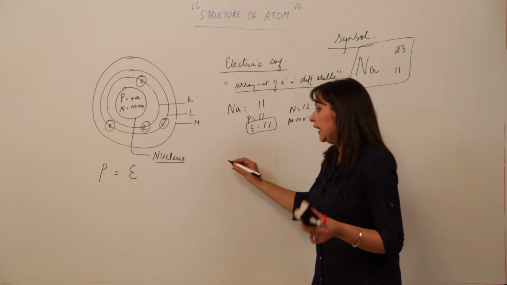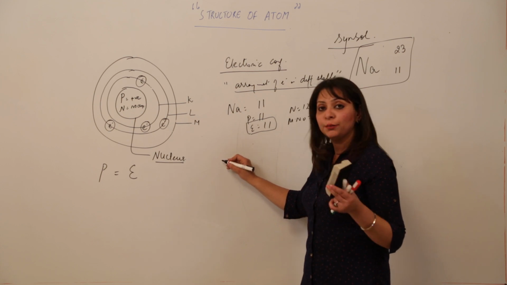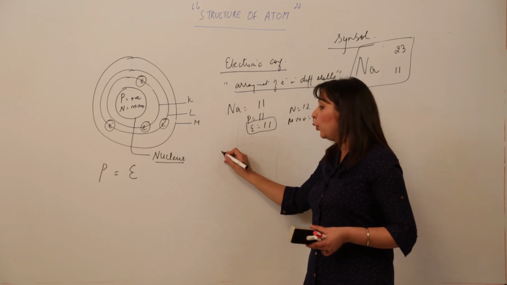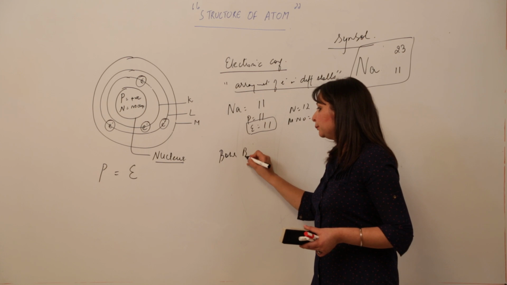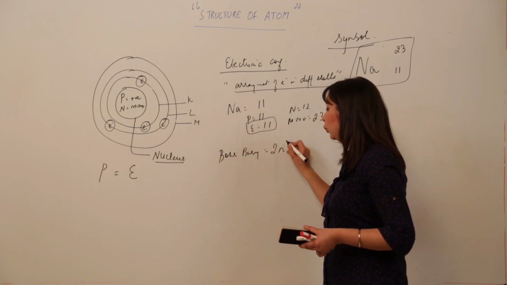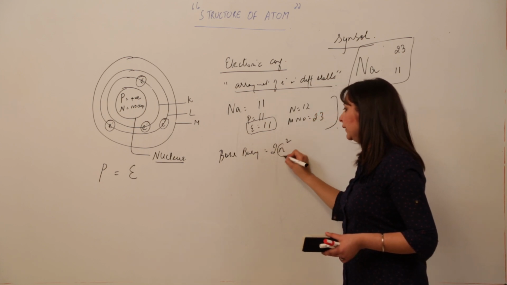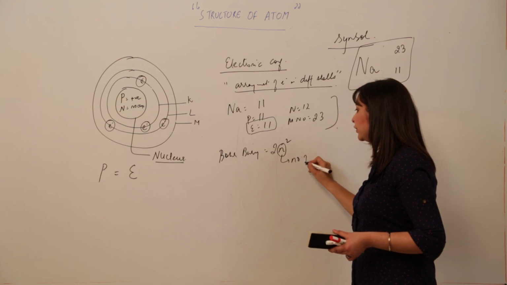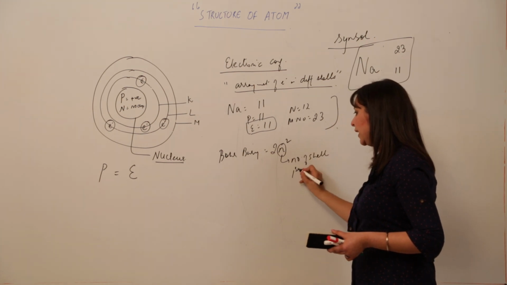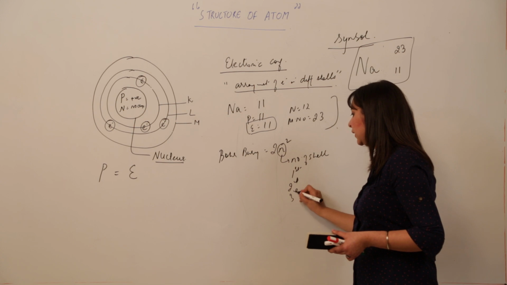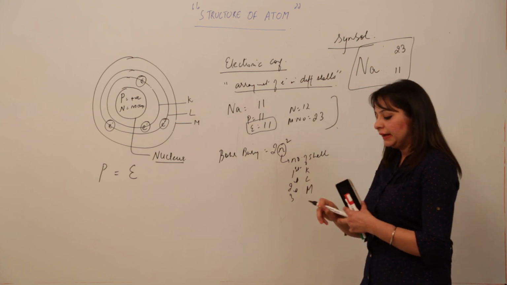As we have done in the Bohr-Bury rule, that is the Bohr model, Bohr gave the Bohr-Bury rule, that is 2n square. So what is this n? n indicates the number of the shell, whether it is the first shell, second, third, or you can write K, L, M like this.